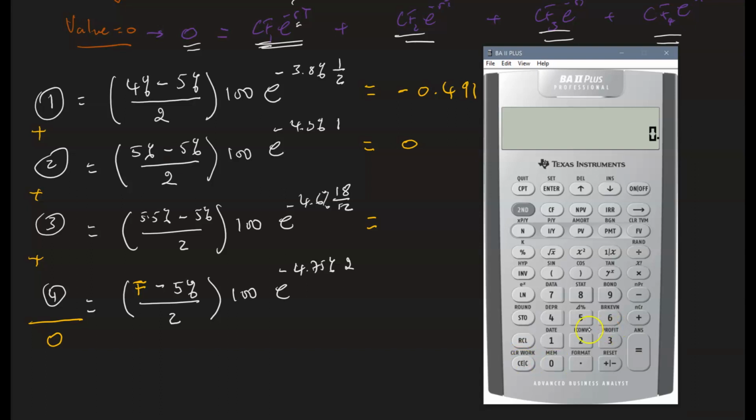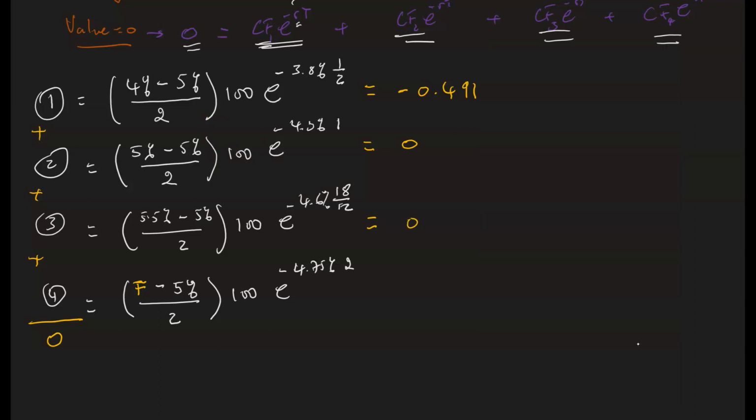So our exponential term is going to be 4.6% times 18 divided by 12 equal minus, and then second function exponential, and we're going to multiply that by 0.25 equal, so that gives me 0.233, so about 0.233.